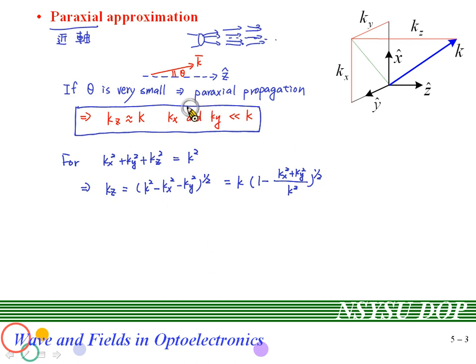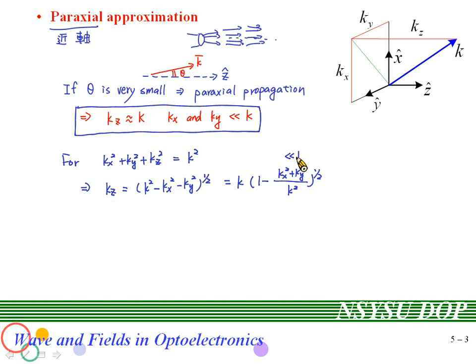And for paraxial propagation, as I have said, kx and ky will be very small compared to k, so this term will be very small compared to 1.